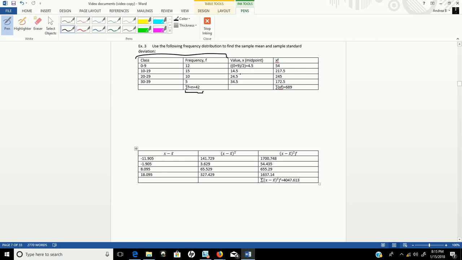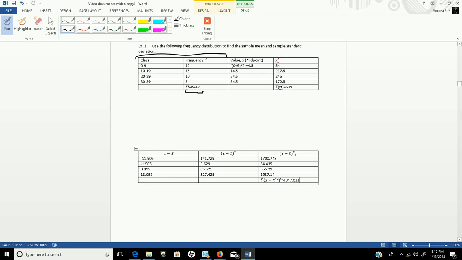For the next ones, if you do the same sort of thing, you get 14.5, 24.5, and then 34.5. All of those, if you do it correctly, should be 10 apart from each other, because if you look at your classes, each of those has a class width of 10. So that would be for your midpoints. Those are also your x's in this case.